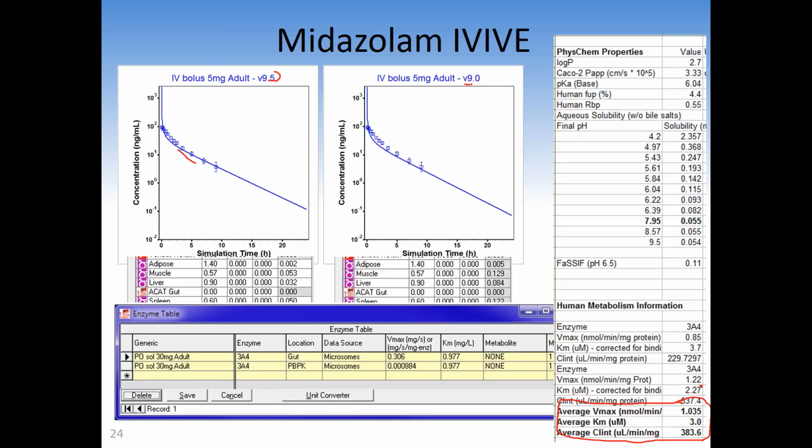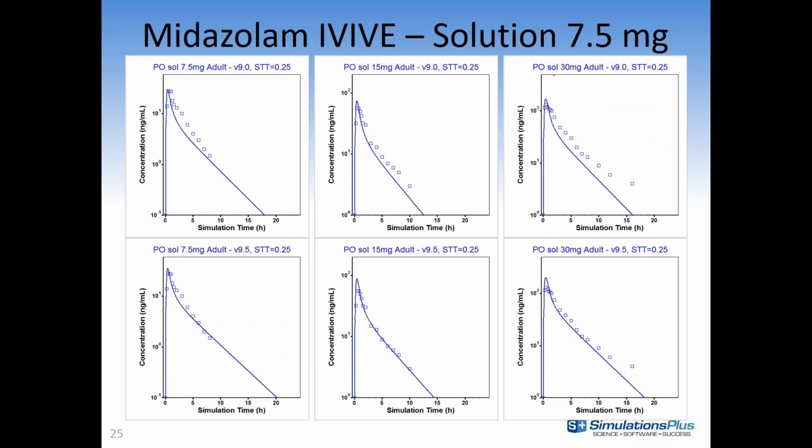The difference is a little bit more significant for the PO doses, and again, if we thought that our predictions previously for Midazolam, the pure in vitro in vivo extrapolations, were already very good, you will see that with this change in the FUT calculations, they are actually getting even better for the predictions from the in vitro Km Vmax values.